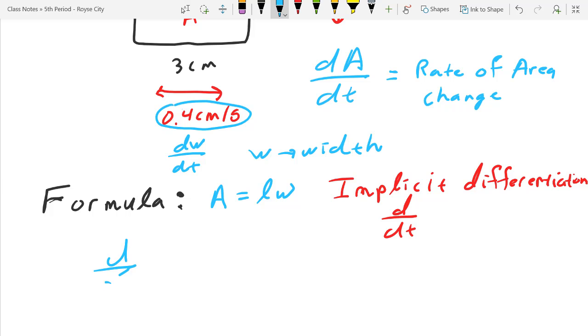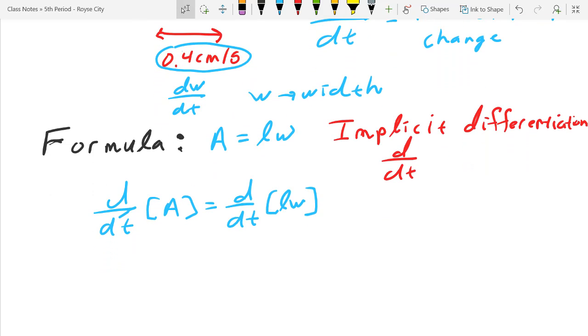So d/dt of A equals d/dt of LW. The derivative of A is just dA/dt.